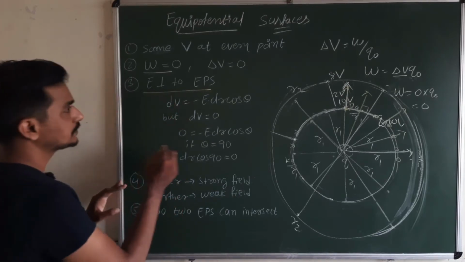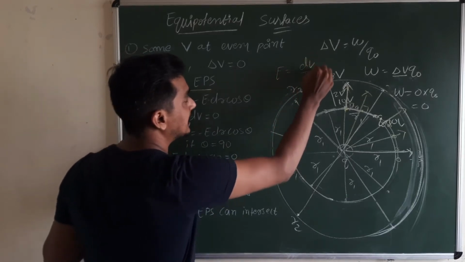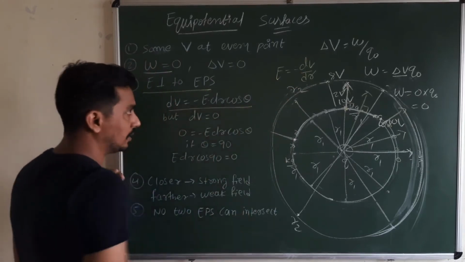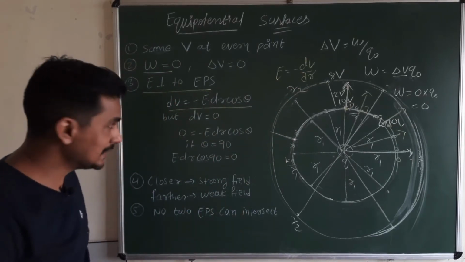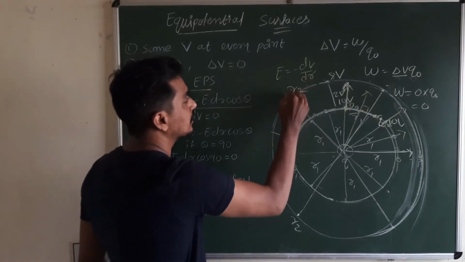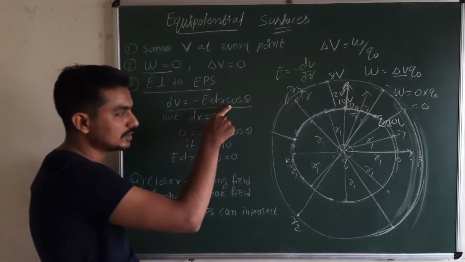We know that E is equal to minus dV by dr, which we have obtained. Then dV is equal to minus E dot dr cos theta. E dot dr is a dot product, so for the dot product we have cos theta.